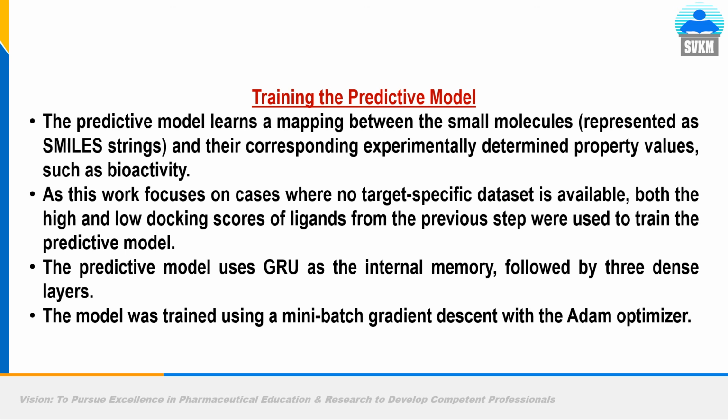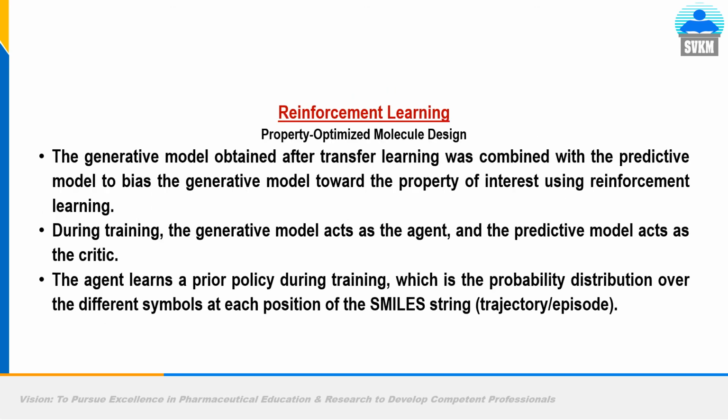The predictive model uses a gated recurrent unit as the internal memory, followed by 3 dense layers. This is the architecture of the neural network. The model was trained using mini-batch gradient descent with the Adam optimizer.